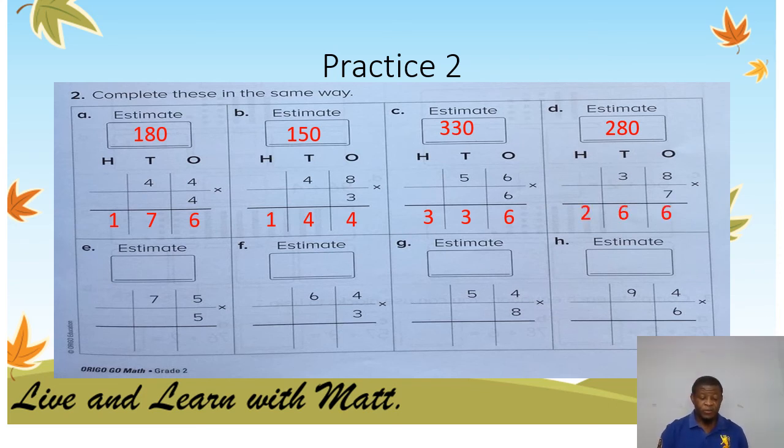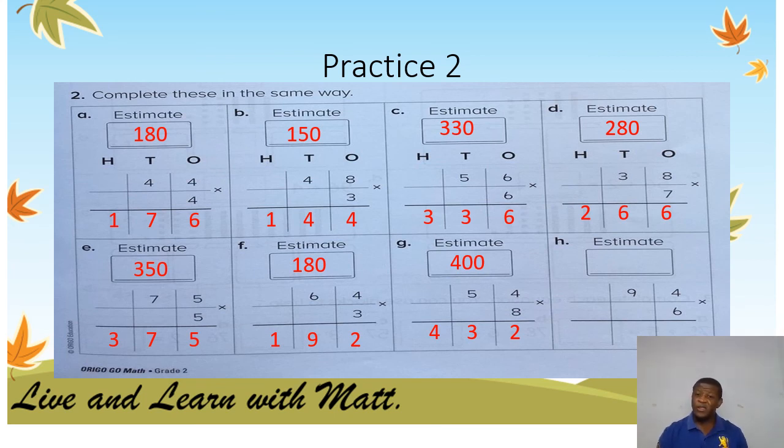Part E, estimate is 350 and the actual is 375. Part F, the estimate is 180 and the actual is 192. Part G, the estimate is 400 and the actual will be 432.